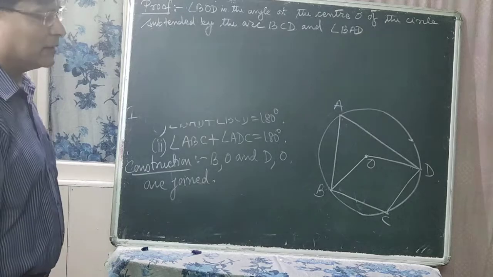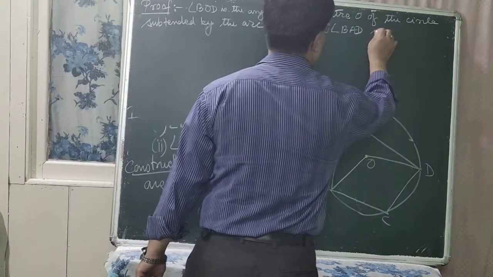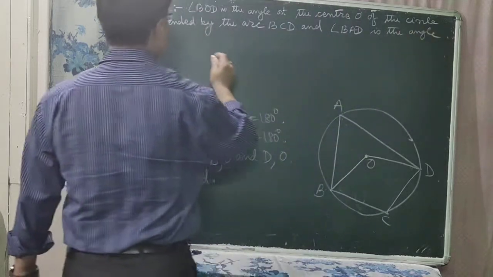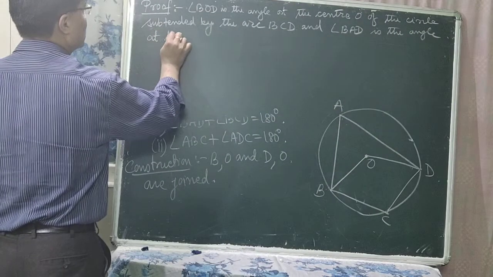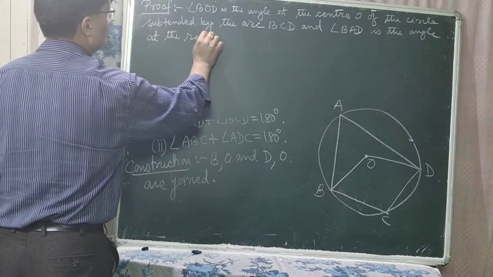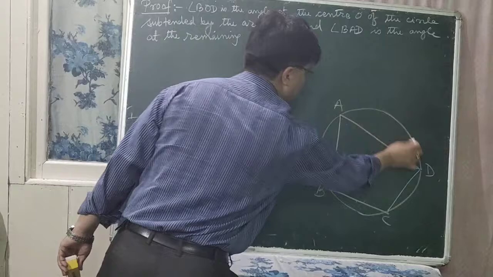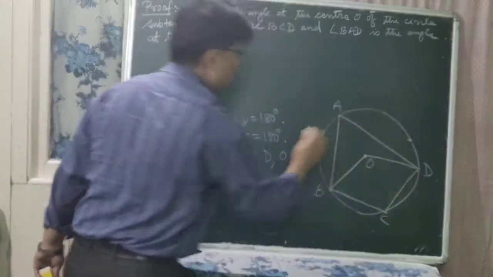What is that? Angle BAD is the angle at the remaining part of the circle, so this is the remaining part of the circle, subtended by the same arc BCD.